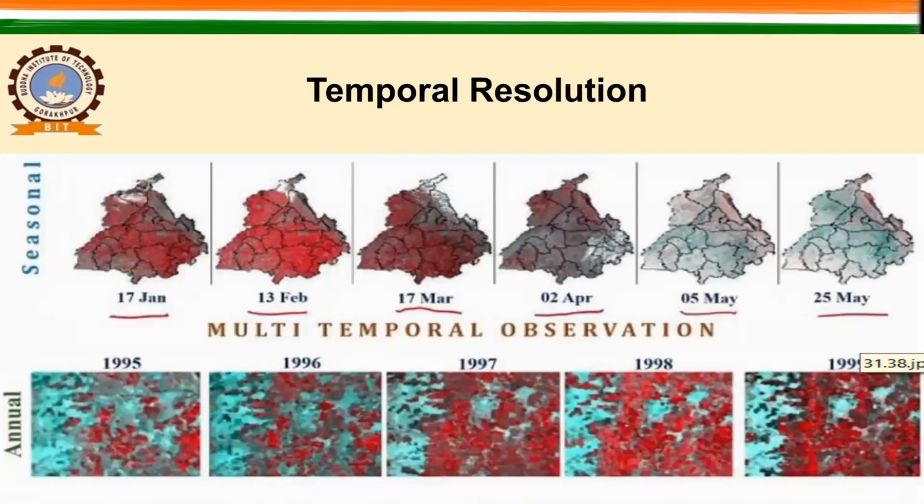Another example for temporal resolution, where red color represents vegetation. Here red color represents the vegetation. So in this case, for example, on 17th January, you have more vegetation. Here you still have vegetation, but the color becomes dark, right?